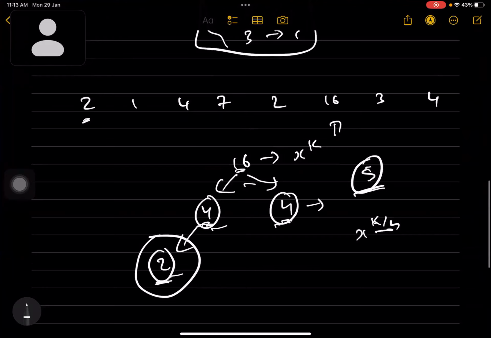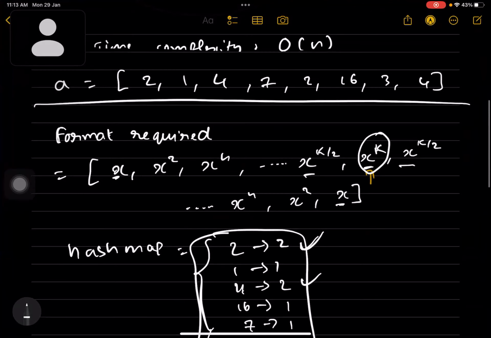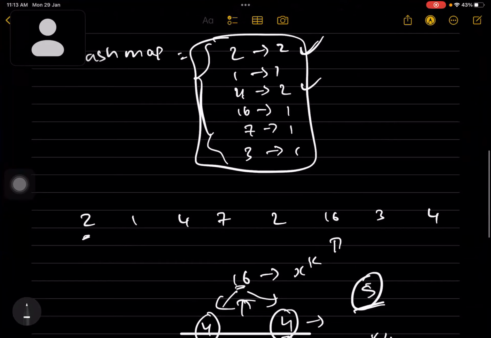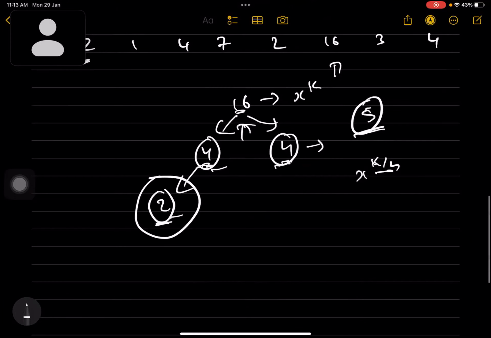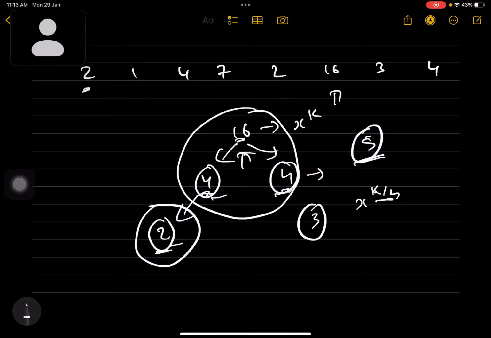So every number is being repeated twice, right? Except the middle number, except the x power k number, every number is being repeated, right? So except 16, every other number has to have at least 2 occurrences, right? So the frequency of the element should be at least 2, okay? That's why if there is only 1, 2, our subset will include only these 3 elements, and in that case, the answer will be 3, okay?